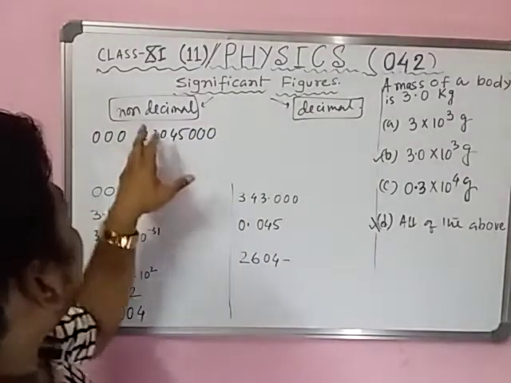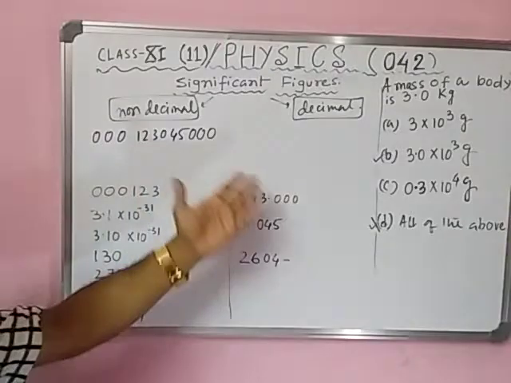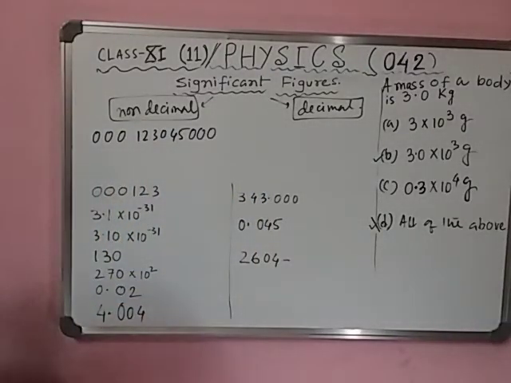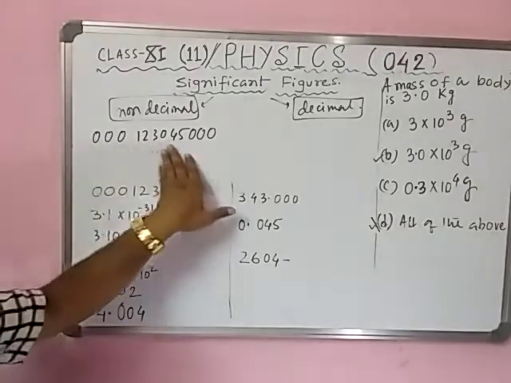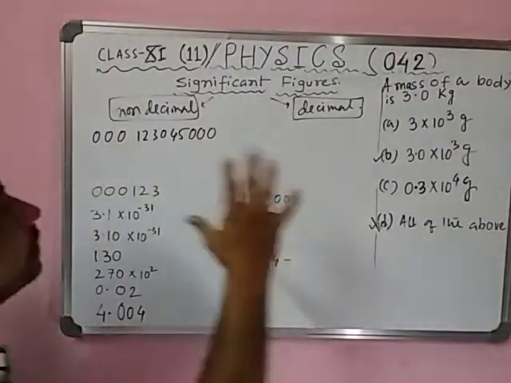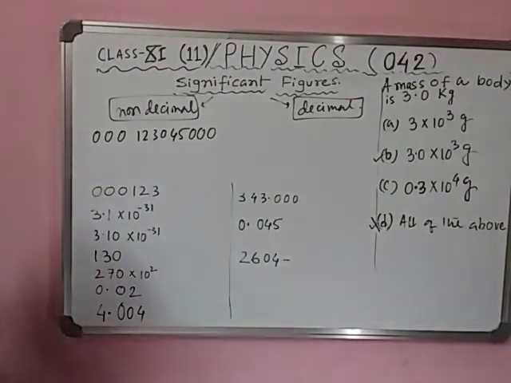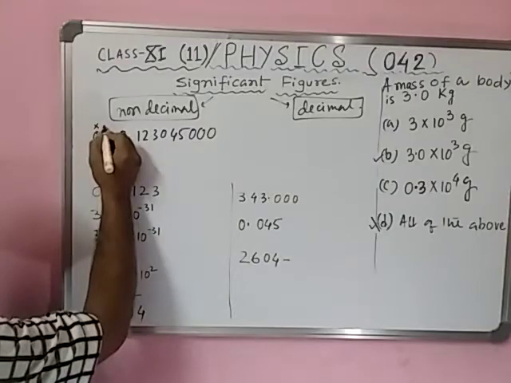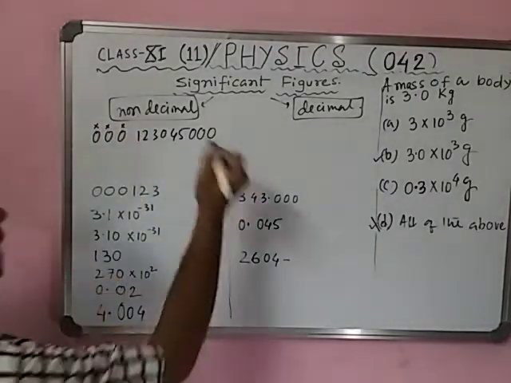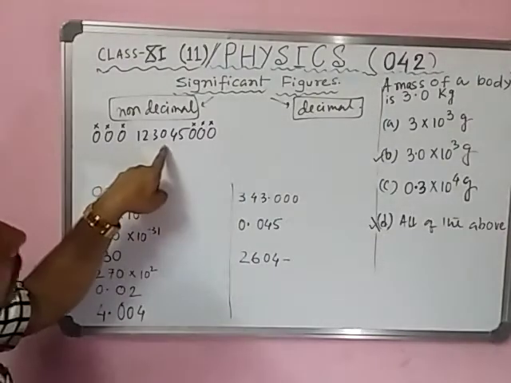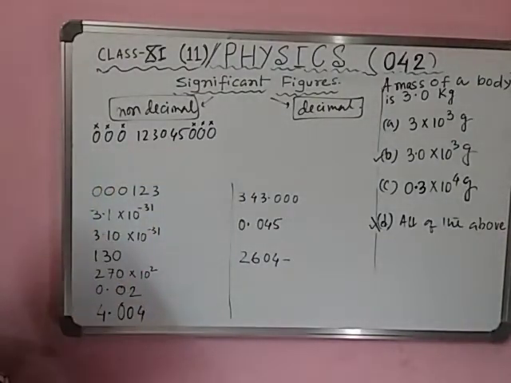Students, if the number is non-decimal, there is no decimal point. In non-decimal cases, see how many significant figures there are. You can ignore the first zeros and the last zeros, but the middle zero you take as a significant figure.